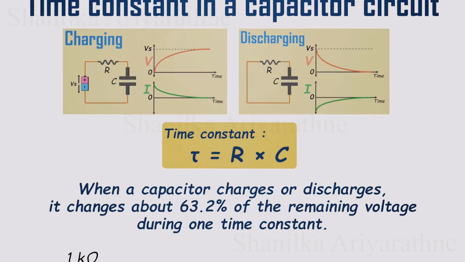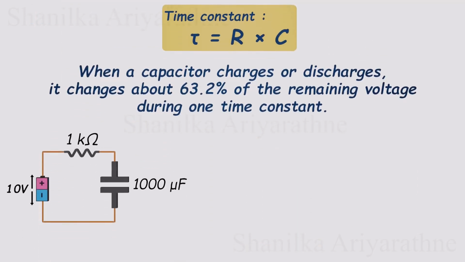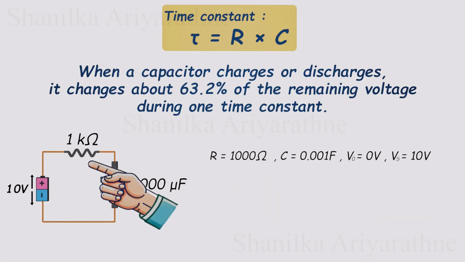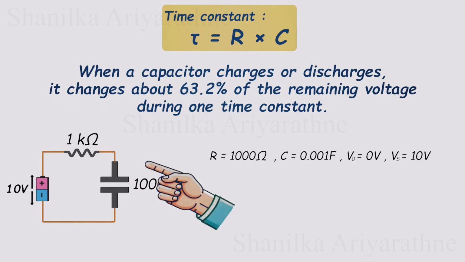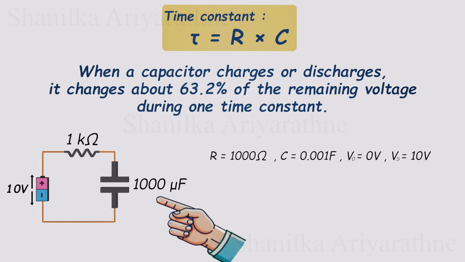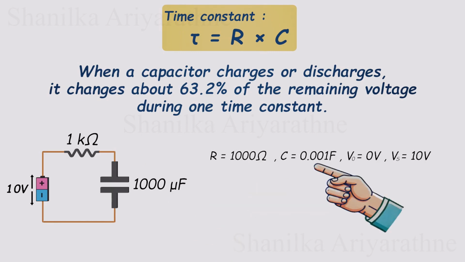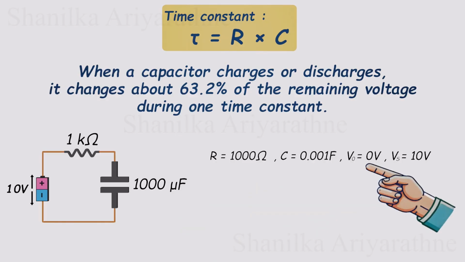Let's walk through a simple example to really nail down how the time constant works in an RC circuit. Imagine this setup. We have a resistor with a value of 1 kilo ohm. That's 1,000 ohms. And a capacitor with a value of 1,000 microfarads, which is 0.001 farads. At the beginning, the capacitor's voltage is 0.